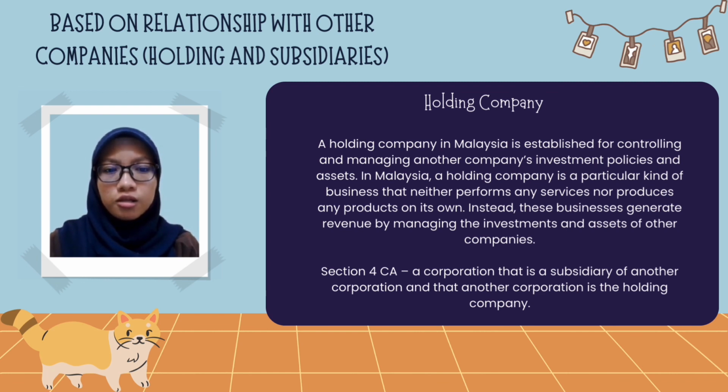In Malaysia, a holding company is a particular kind of business that neither performs any services nor produces any product on its own. Instead, these businesses generate revenue by managing the investments and assets of other companies. Section 4CA. A corporation that is a subsidiary of another corporation, and that other corporation is the holding company.